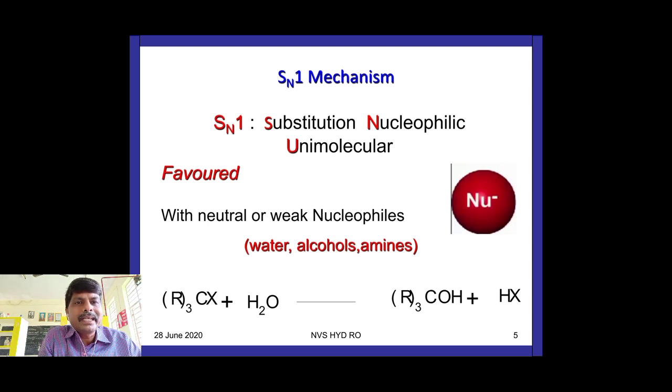For example, I have taken here R3CX. It is a tertiary alkyl halide. Hydrolysis, H2O. Hydrolysis means it reacts with H2O. What is the product? Tertiary alcohol. A tertiary alkyl halide undergoes hydrolysis to give a tertiary alcohol. So it follows the SN1 mechanism.